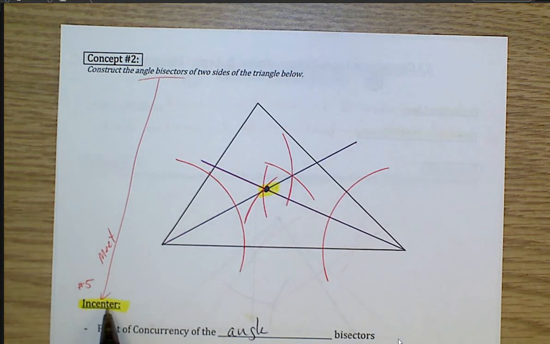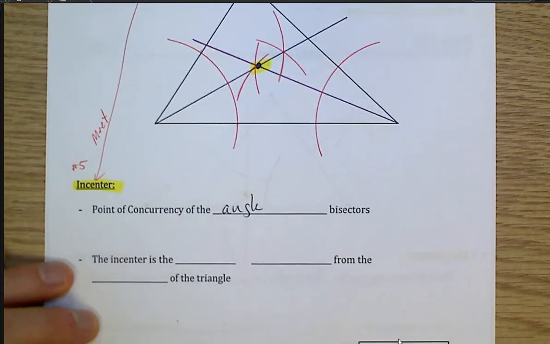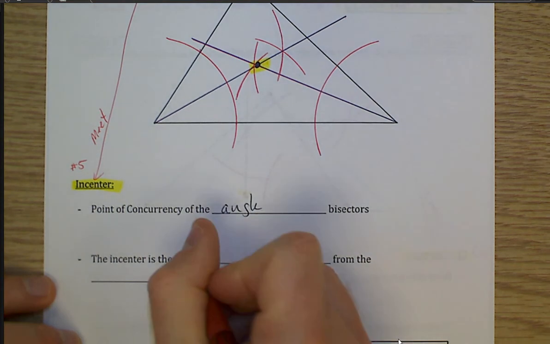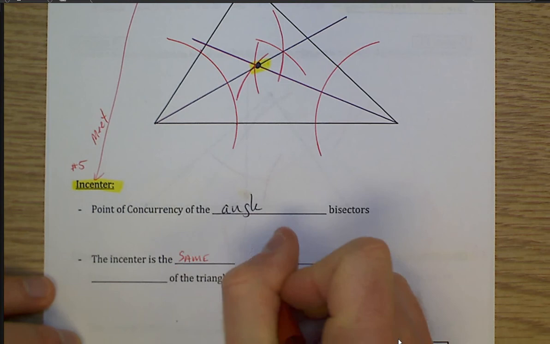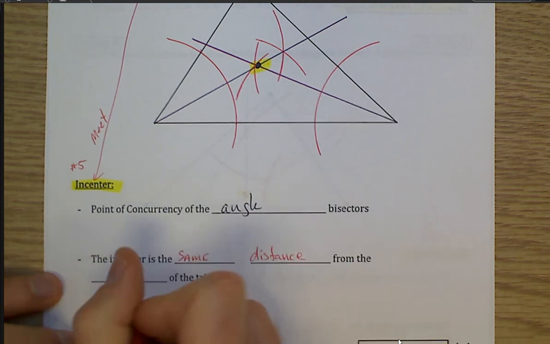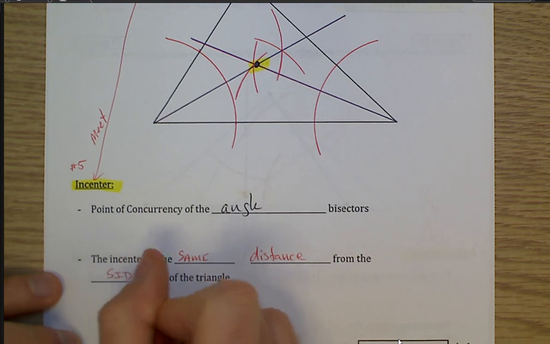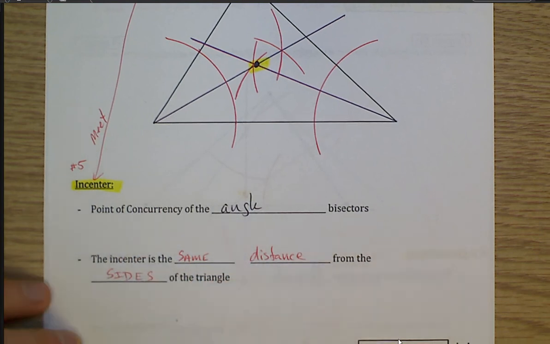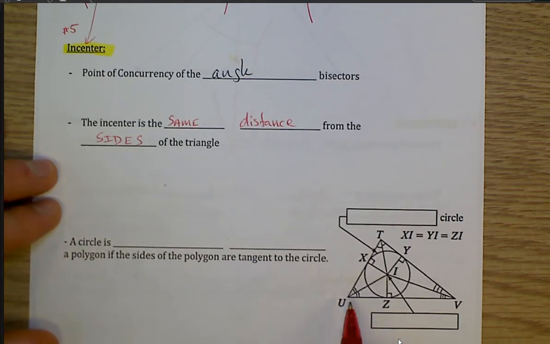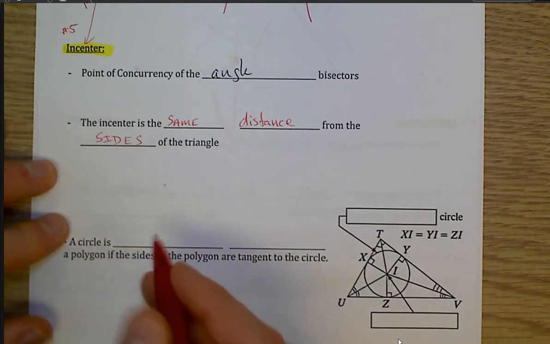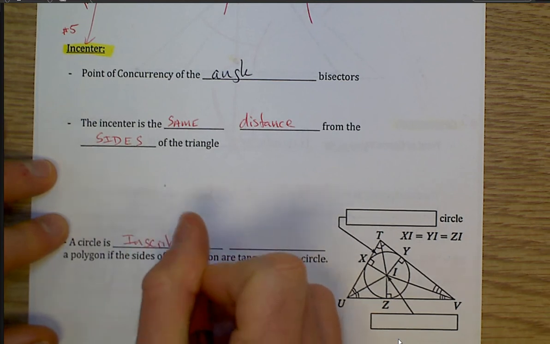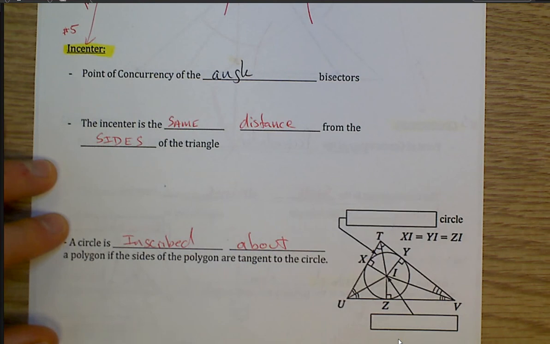That's vocab word 5. Now, what's special about the incenter? The incenter is the same distance from the sides of the triangle, okay? So with angle bisectors, a circle is inscribed in a polygon.